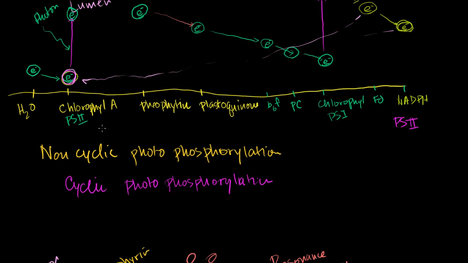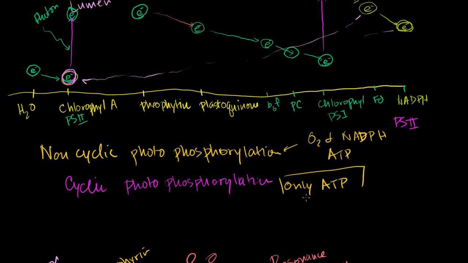So non-cyclic phosphorylation, which is what most people associate with photophosphorylation, produces O2 and NADPH, and of course it produces ATP, while cyclic phosphorylation, because it doesn't have to strip electrons off of water and the electrons don't end up at NADPH, only produces ATP.